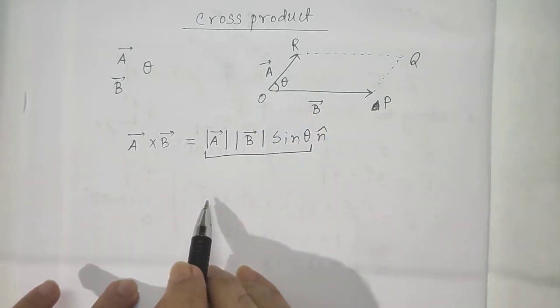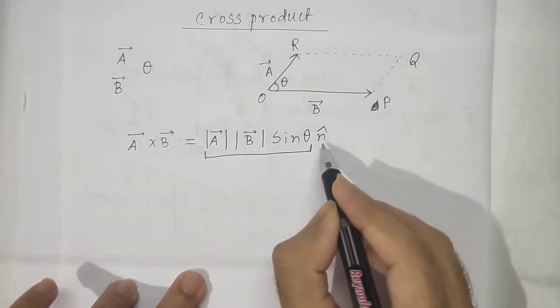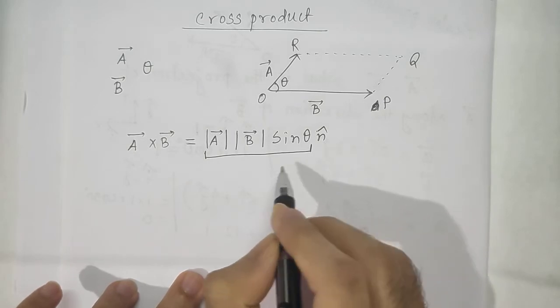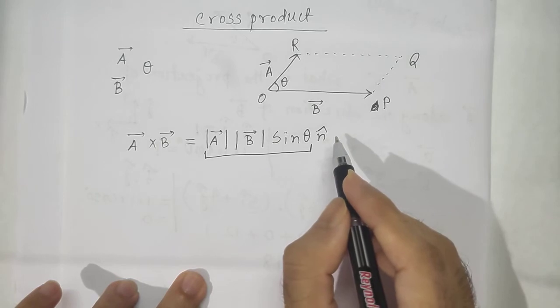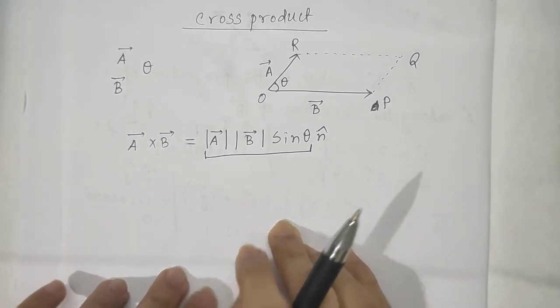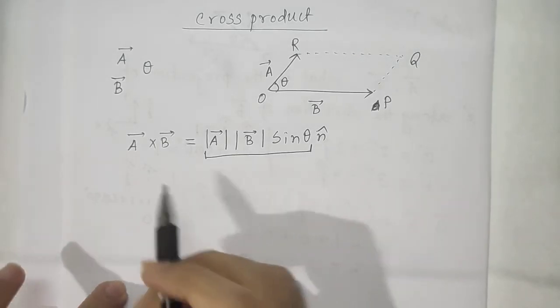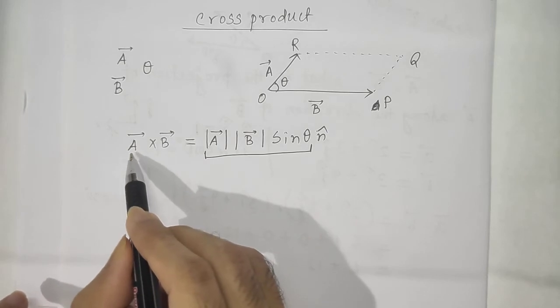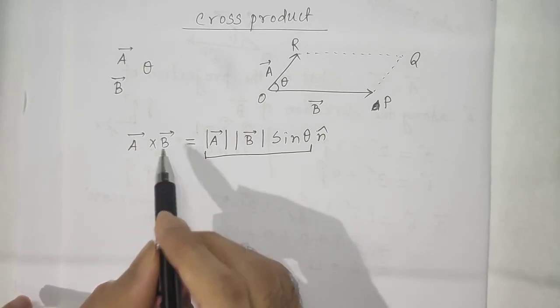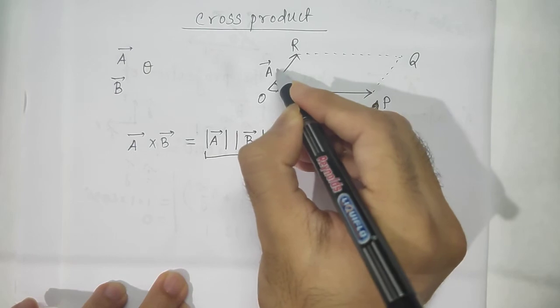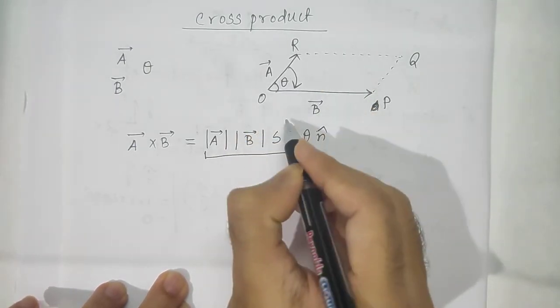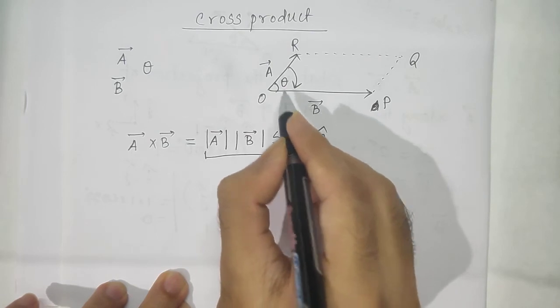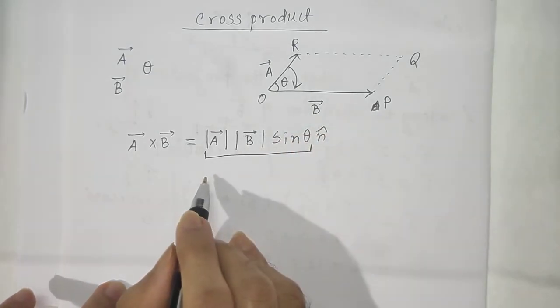Okay, now here comes the question: what is the n cap? To find the direction of this, we have to do something like A cross B. We have A cross B, that means we are coming from A to the B vector. And this motion is what? This is clockwise motion, right?